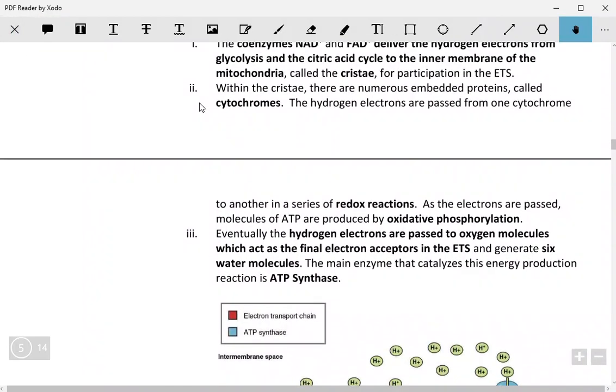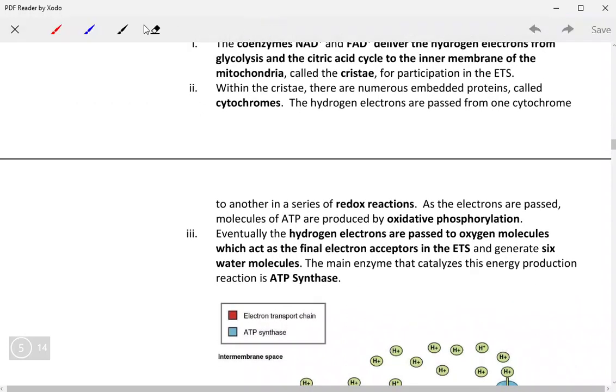When we look at the folded inner membrane, the crista, we're going to see numerous proteins embedded within the membrane, and we call these proteins cytochromes. So these cytochromes are the ones that are going to receive the hydrogen electrons from my coenzymes. Are you following? They will receive these hydrogen electrons through some redox reactions.